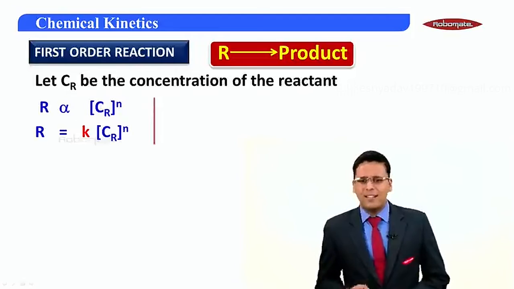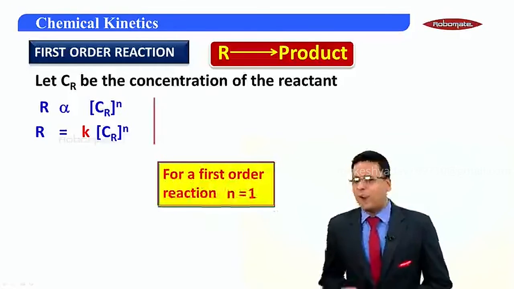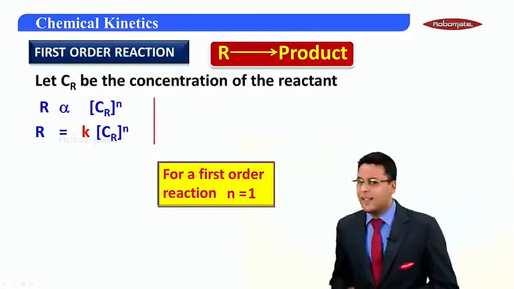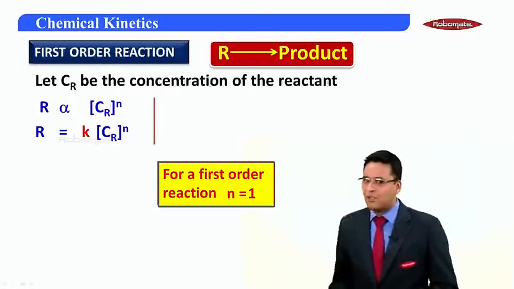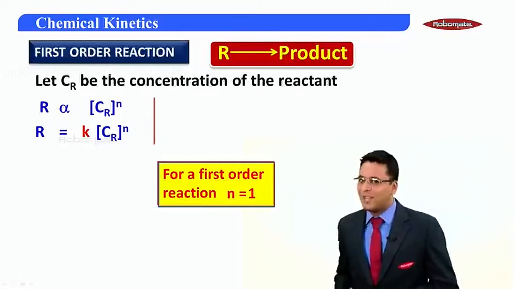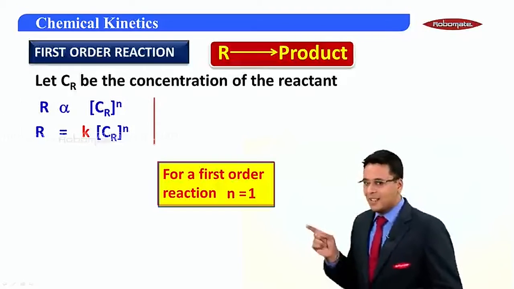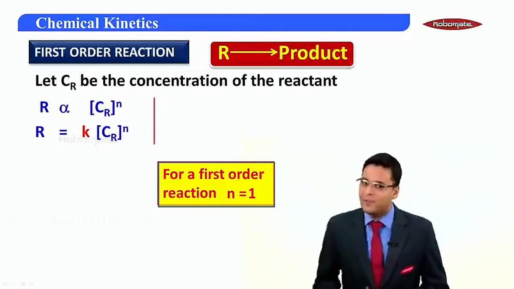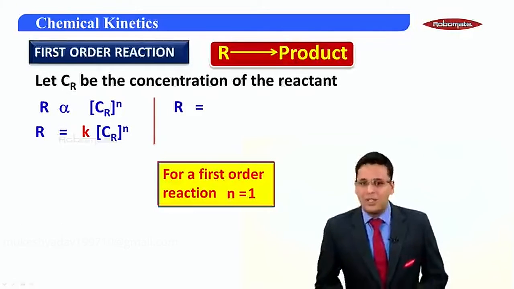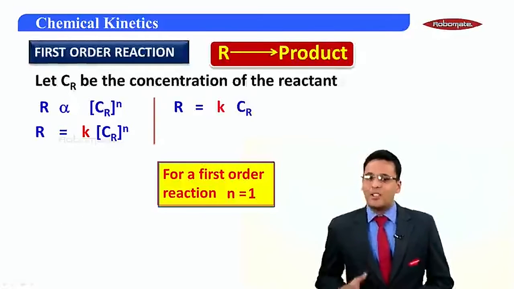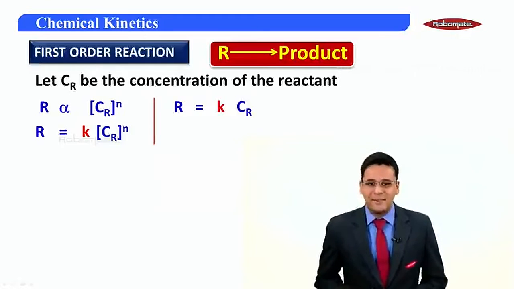But here, it's a first order reaction, meaning that n is equal to 1. So substitute this value of n in the rate law expression and you will get R is equal to k into the concentration of the reactant.